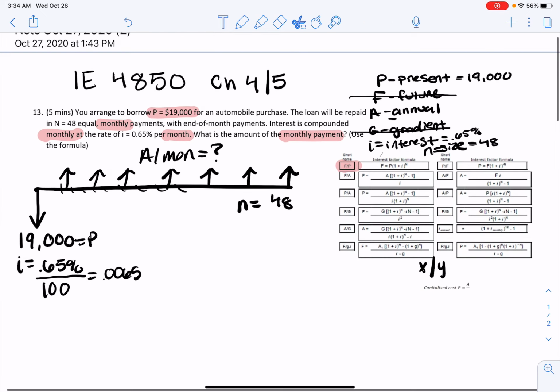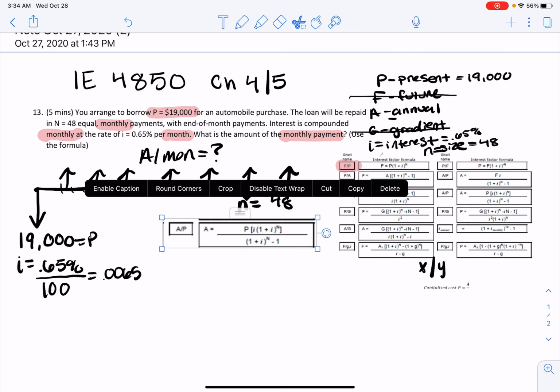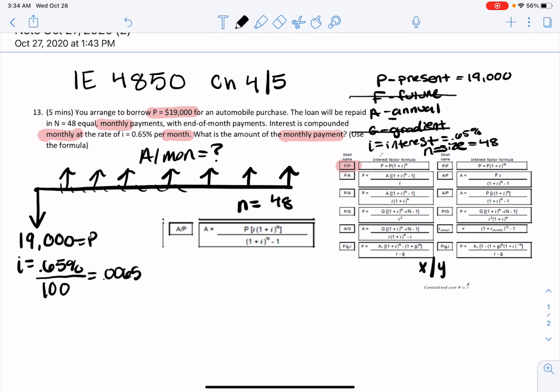Sorry, that took me a minute, but I got it. Now we can just plug and chug. So we have A and our P is 19,000.